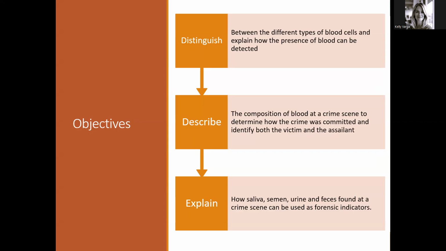So we're going to distinguish, describe, and explain different aspects of blood cells and how we can detect blood. We're going to look at the composition of blood at crime scenes and potentially determine how best to quantify or identify the assailant versus victim. And we're going to look at saliva, semen, urine, and feces as an overall forensic indicator.